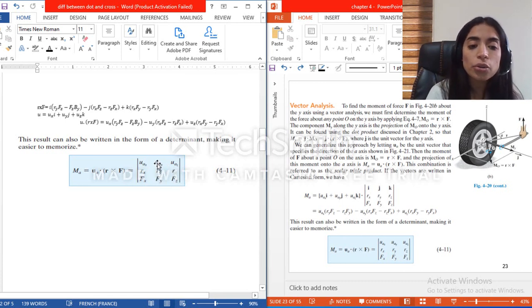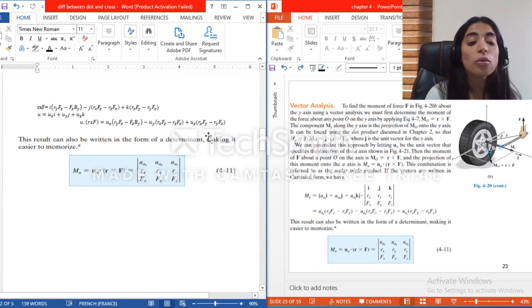And then minus uy, and then I do this cross rx fz minus rz fx, and then plus uz times rx fy minus fx ry, which is this term, you will have the same answer.